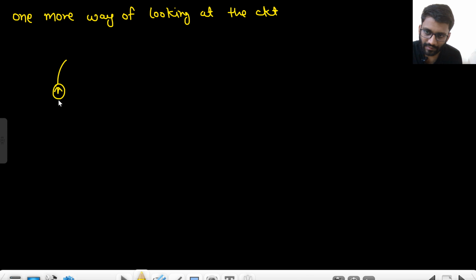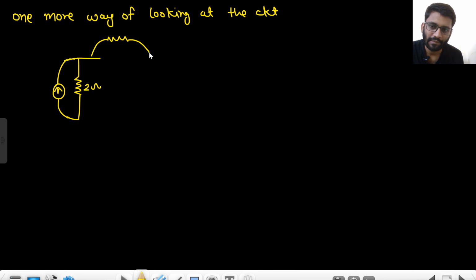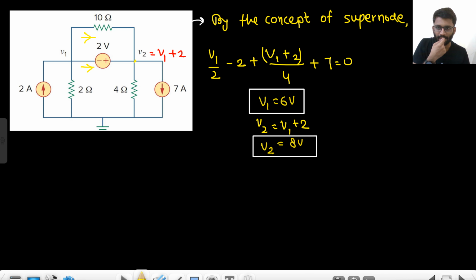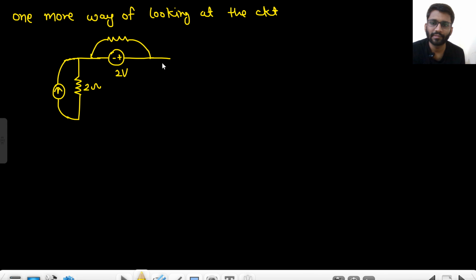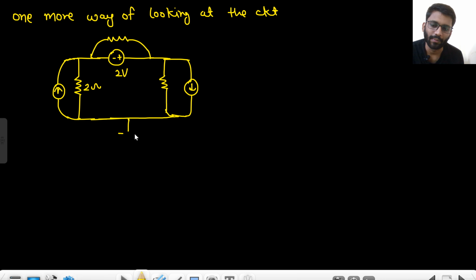There is this current source, then there is 2 ohm resistance, then there are 10 ohm and 2 volt battery, then there is 4 ohm and 7 ampere, and all these are connected to ground.